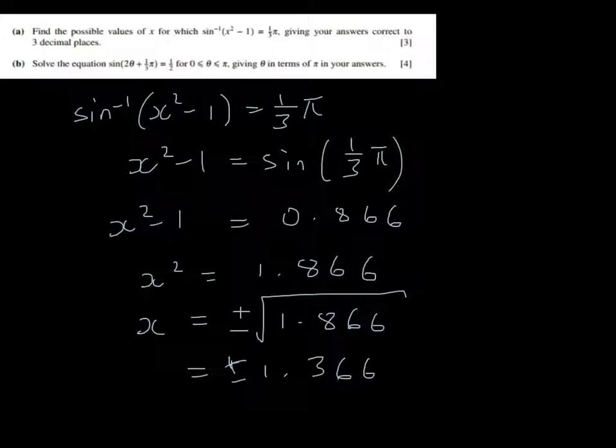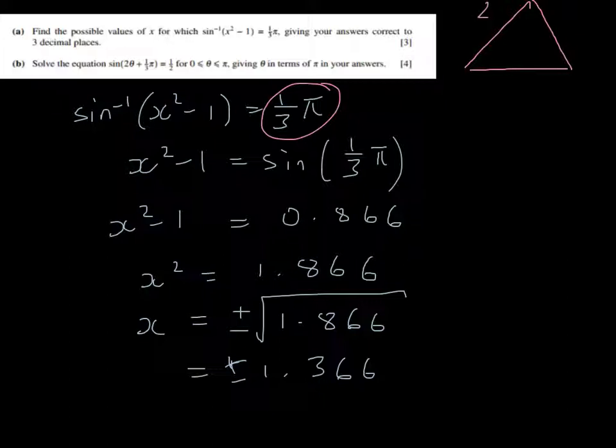I'm just going to take this moment to do something a little bit extra to this question, and that is to consider this for a second as a special triangle. So a third of pi is the same as 60 degrees, and a special triangle that has 60 degrees would be an equilateral triangle, so equal angles of 60 degrees.